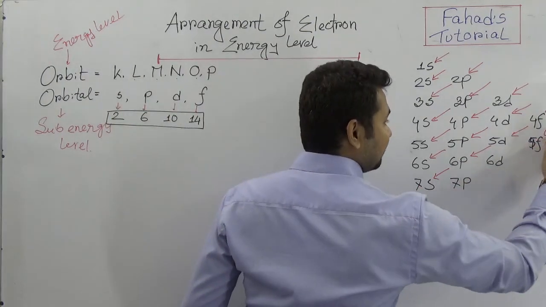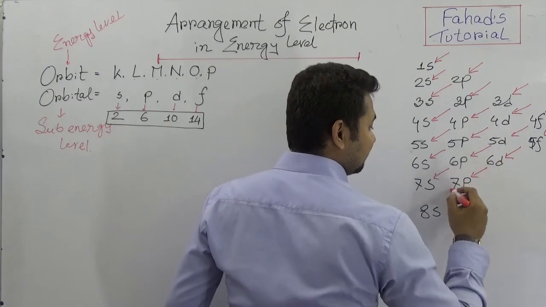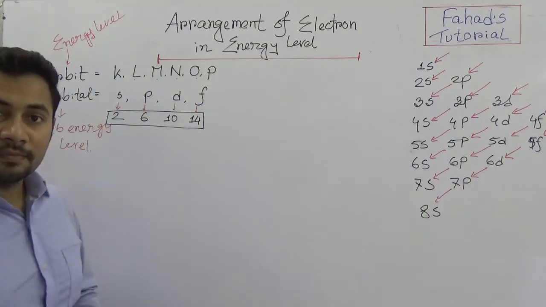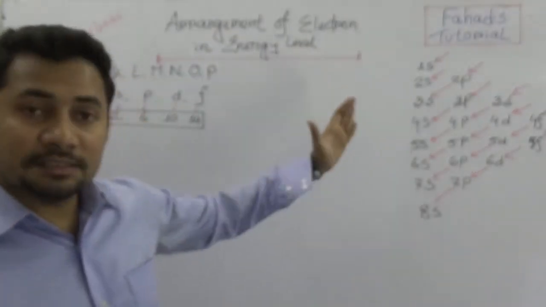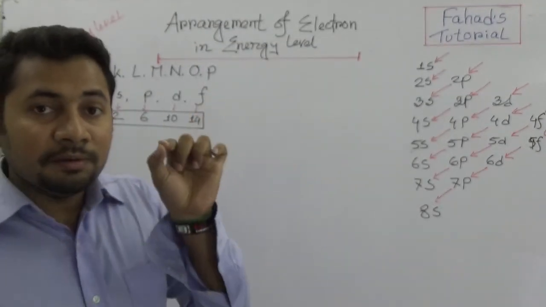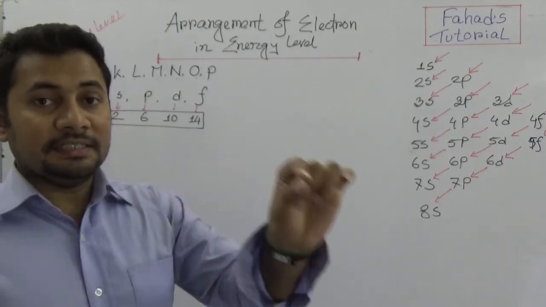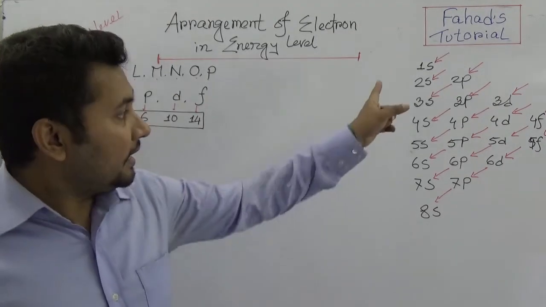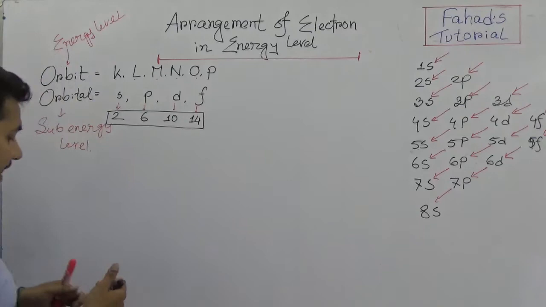Lastly 5f, 6d, 7p, 8s. According to these oblique lines, electrons will be distributed to their designated orbitals.